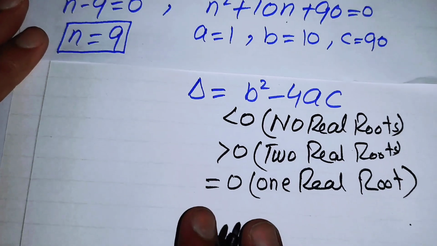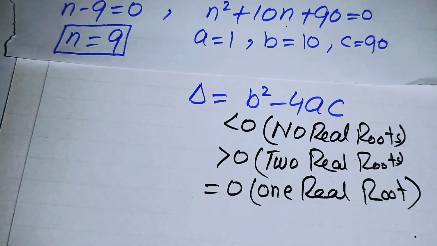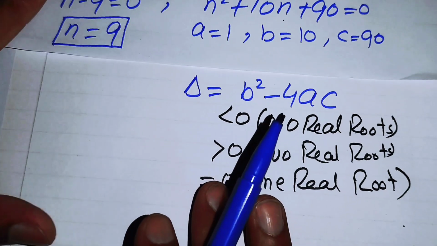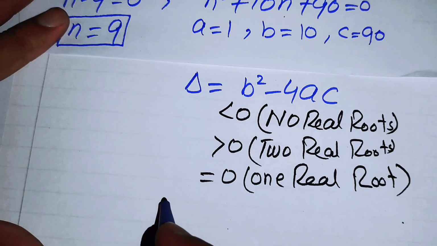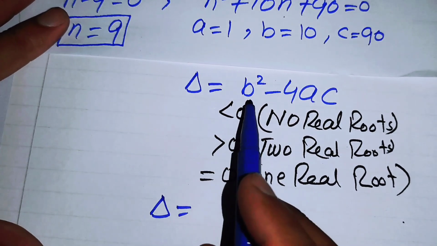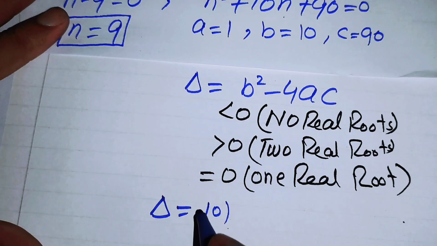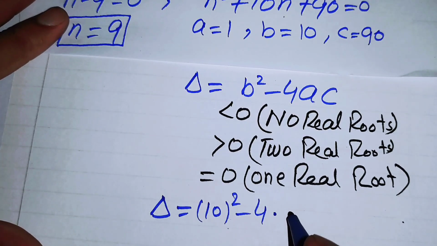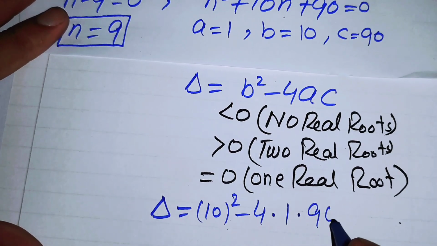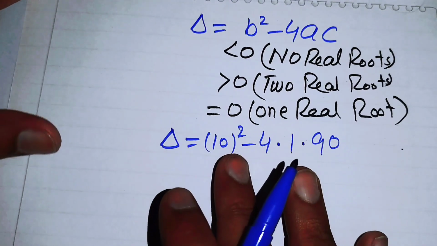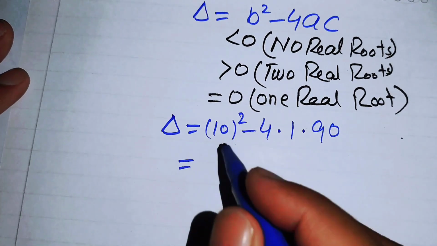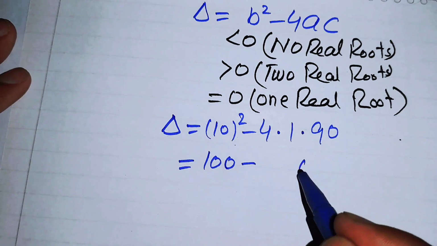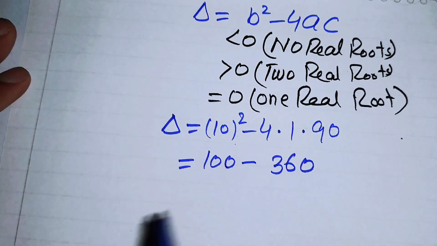Now I can check the behavior of this delta by putting in the values of a, b and c. We get delta equals b squared, the value of b is 10, so 10 squared, minus 4 times a, which is 1, times c, which is 90. Now we simplify the terms and you get 10 squared equals 100, minus 4 times 90 which is 360.